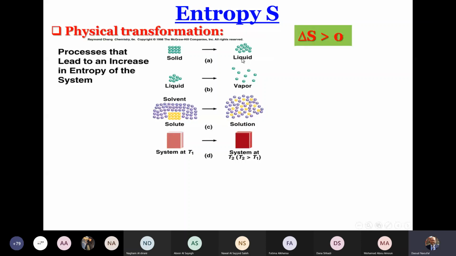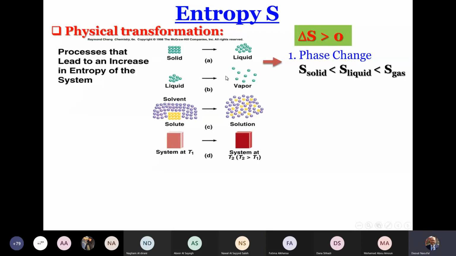So S of the liquid is greater than S of the solid, since the liquid is less ordered, or more disordered, than the solid. So delta S for melting is positive.